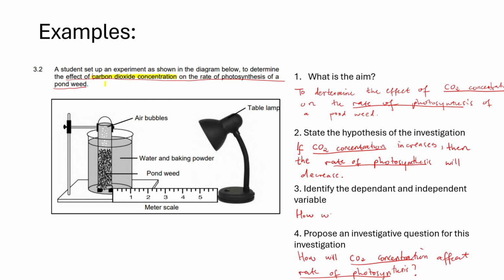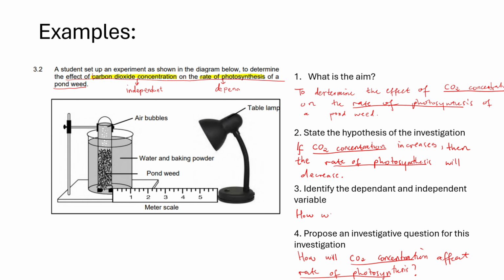So we change the carbon dioxide concentration so that we can observe the rate of photosynthesis. Independent is something that we change to get a result. And then the rate of photosynthesis is our dependent variable.